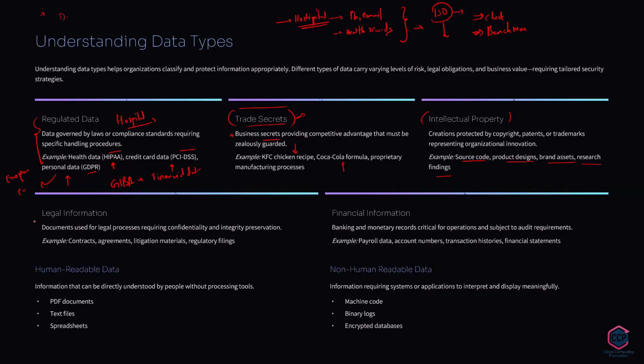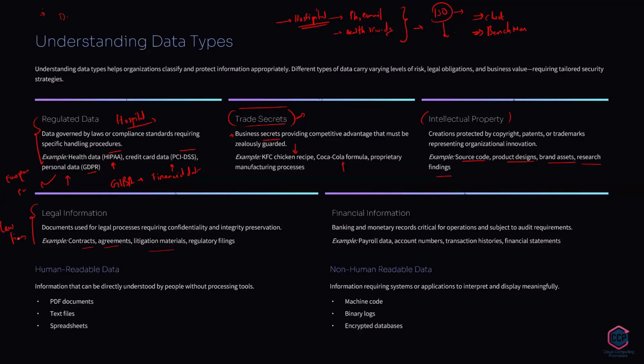Legal information, like documents used for legal process requirements, needs confidentiality and integrity to be preserved. Examples are contracts, agreements, and litigation materials. Basically, this legal information comes under law firms.